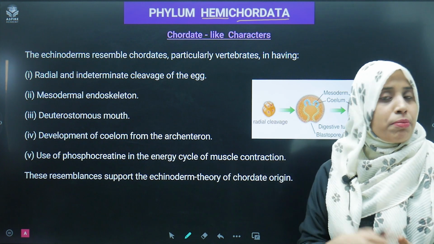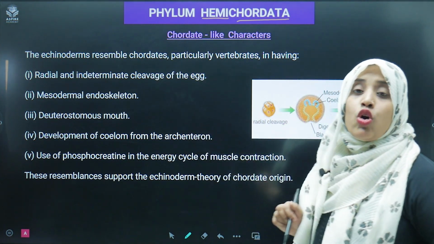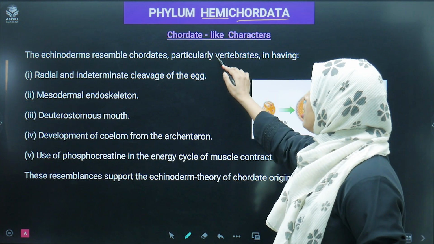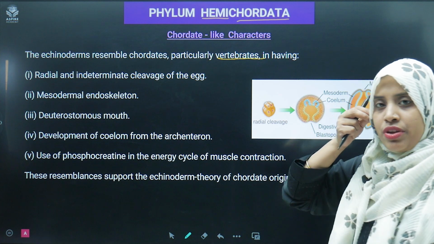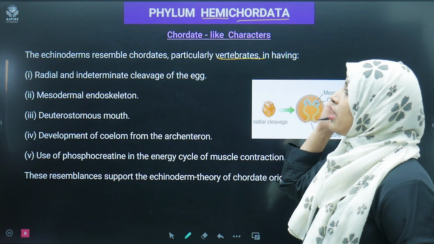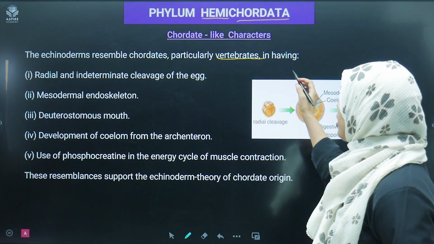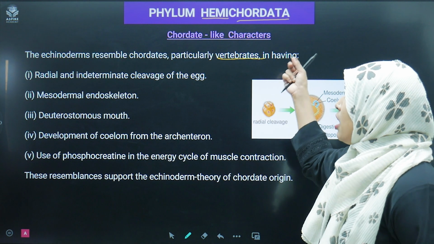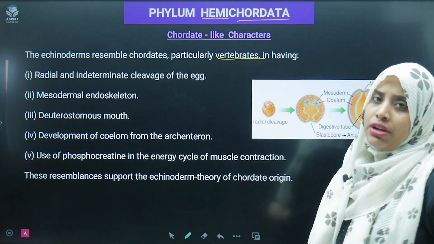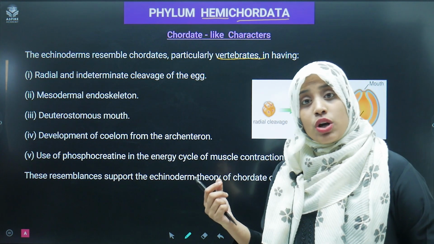In Echinodermata we studied starfish and sea urchin. So they resemble chordates. Particularly, which chordates do they show similarity to? Vertebrates. Okay, we will come to it when we see the classification of the chordates. So echinoderms resemble particularly the vertebrates. How? What are the characteristic features which are similar to the chordates?